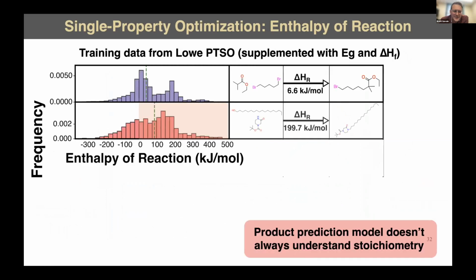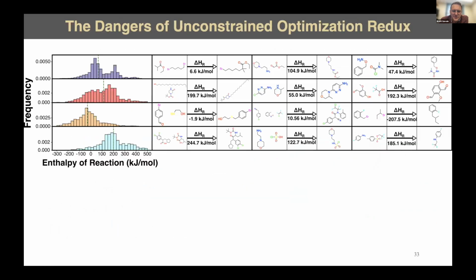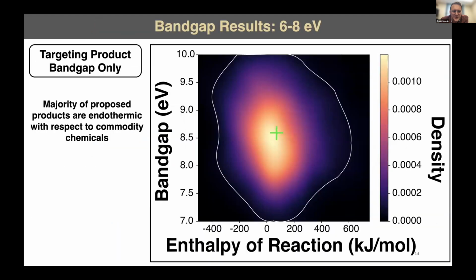So in the interest of time, I'm going to just go to this last comparison and finish off here. What we showed is that if we use this model to try to find molecules with a certain band gap, it can select for that band gap. We were sampling for 6 to 8, and it kind of misses it.